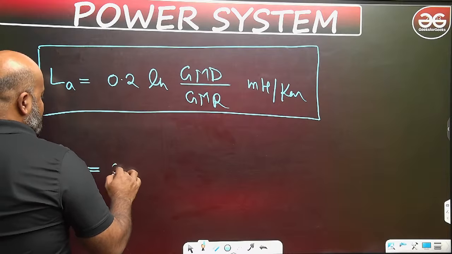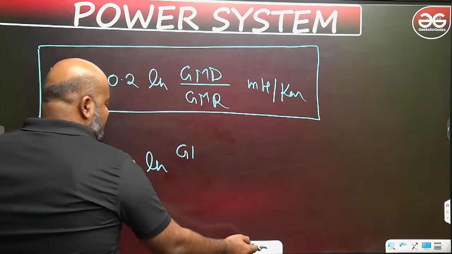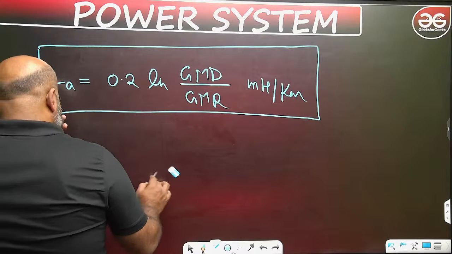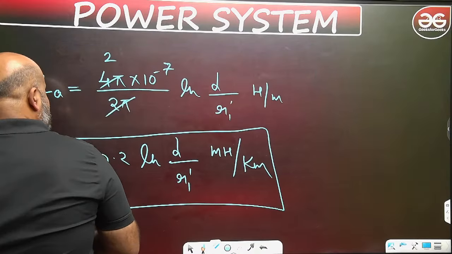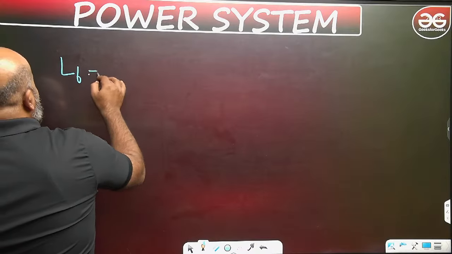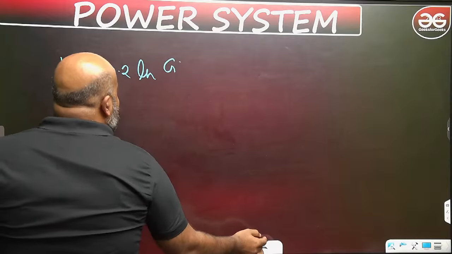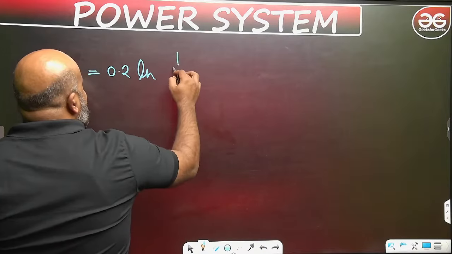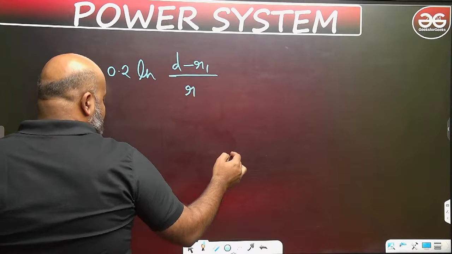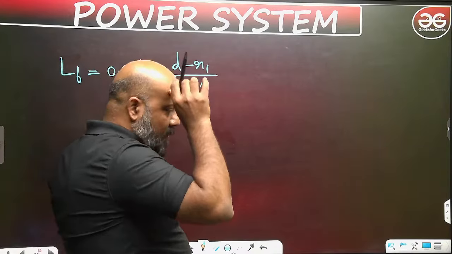L_B becomes 0.2. Similarly, you can write, I'm writing it for B. So similarly, you can write L_B as 0.2 ln of D minus R1 dash, R2 dash, because D is very, very large in comparison to R1 or R2.